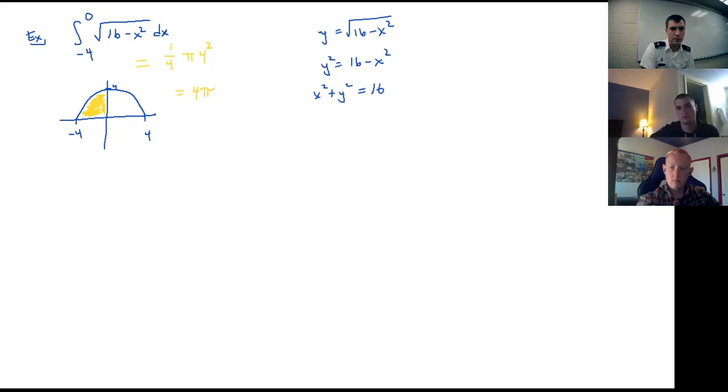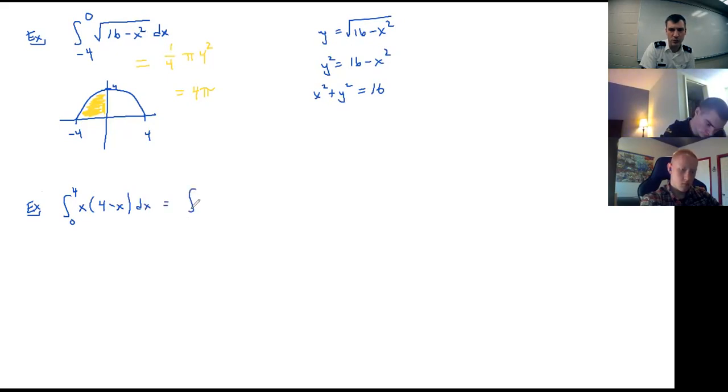Let's try another one. What about the example integral from 0 to 4 of, I'll write it this way, x times 4 minus x dx. But I could also write that as the integral from 0 to 4 of the quantity 4x minus x squared.